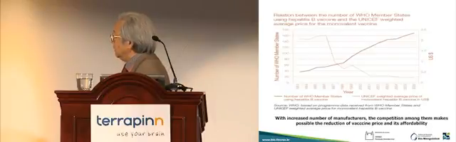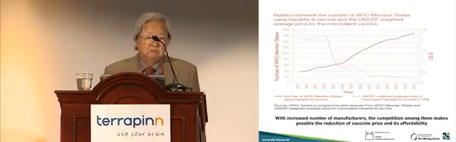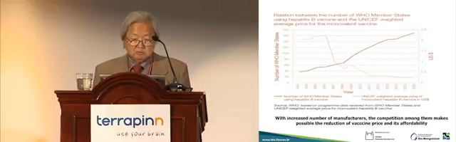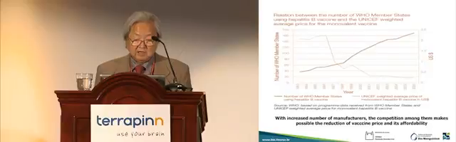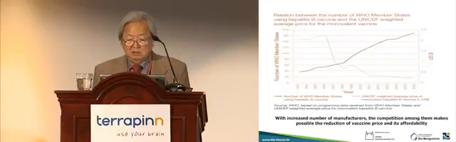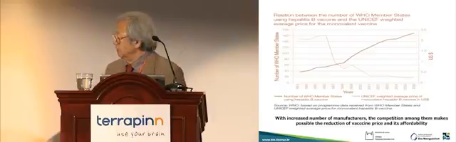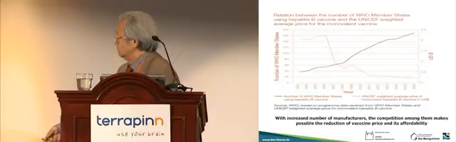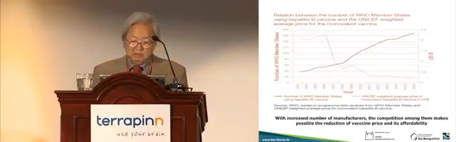And here you can see the price, around $2.5 per dose, and then it came down to less than $0.5 per dose. This was because of the increased number of manufacturers, and of course the competition among them, which made possible the reduction of vaccine price and the affordability of vaccine.